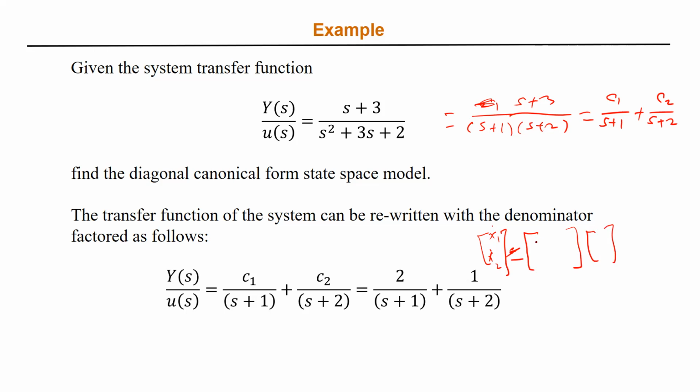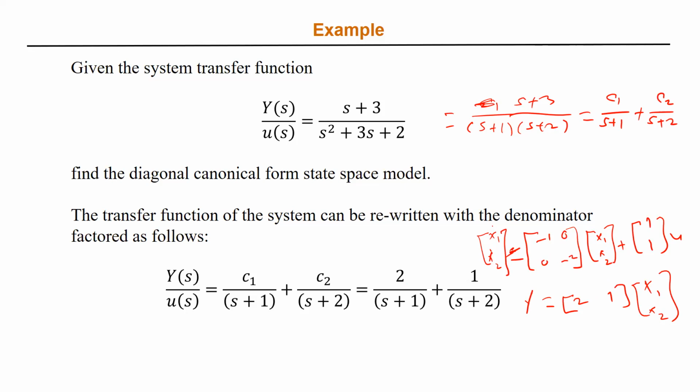Minus 1, minus 2, and zeros along the diagonal only. x1, x2 plus 1, 1, u. y equals 2 and 1 times x. That's it. And this is the equivalent representation for the system.